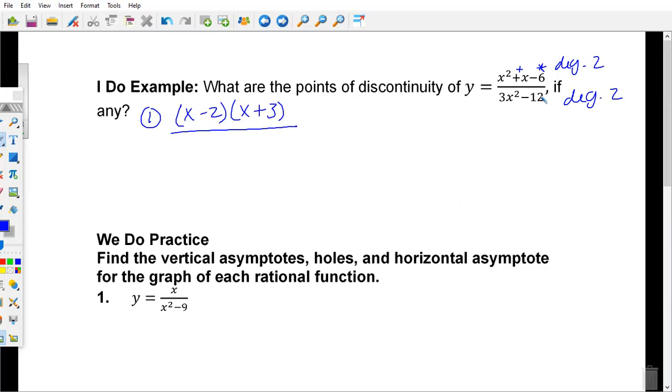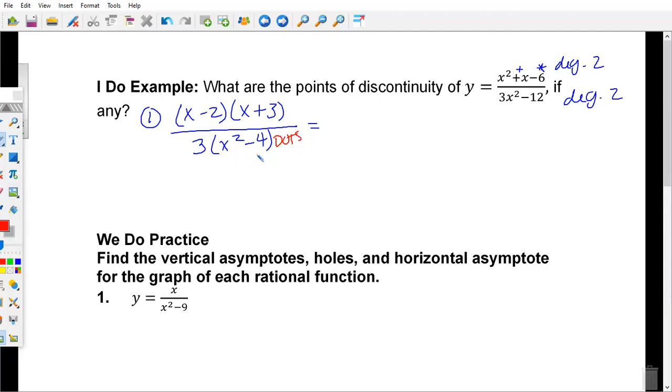In the denominator, this is greatest common factor, right? What is the greatest common factor here? 3. So I can factor out a 3, and I'm left with x squared minus 4. This is a special case.